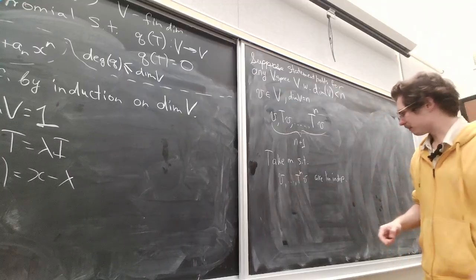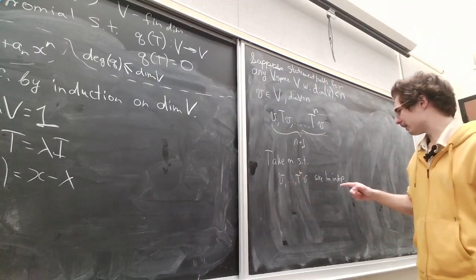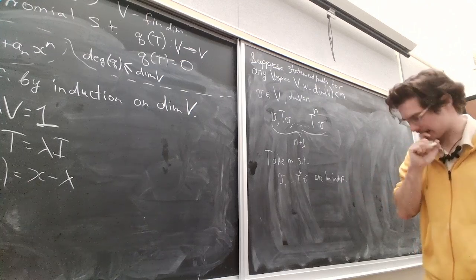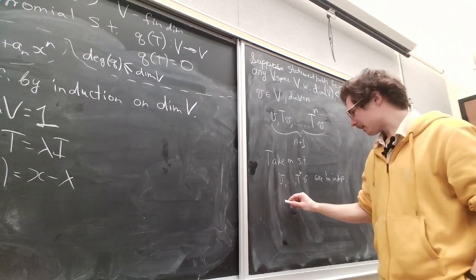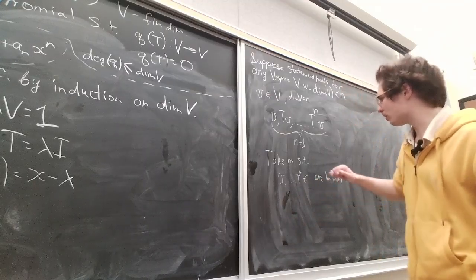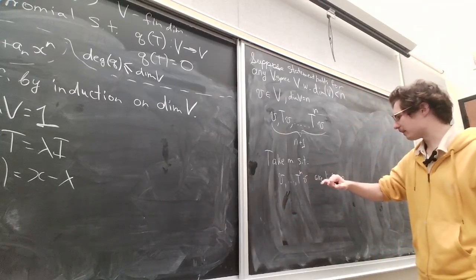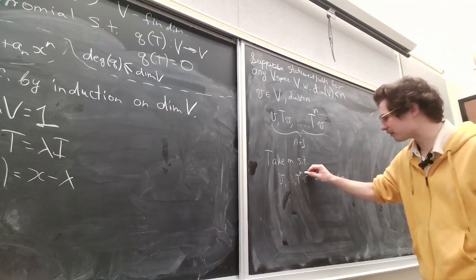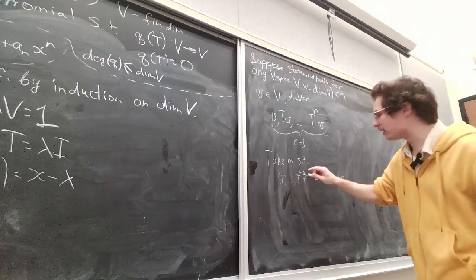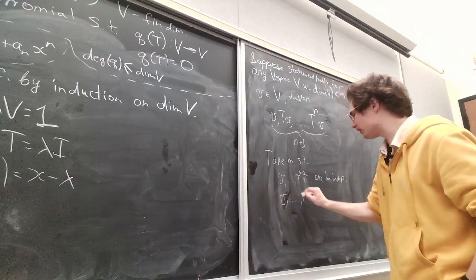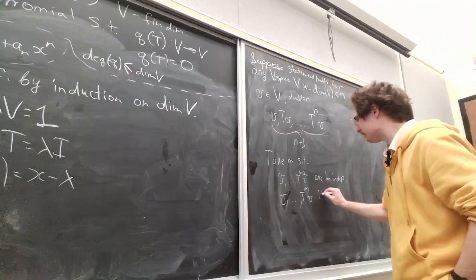Oh, sorry. I'm going to change my mind. Take m such that v up to T^(m-1) v is linearly independent, but then v, dot dot dot, T^m v is linearly dependent.